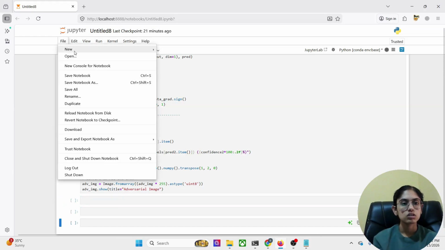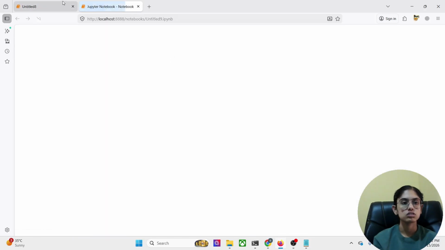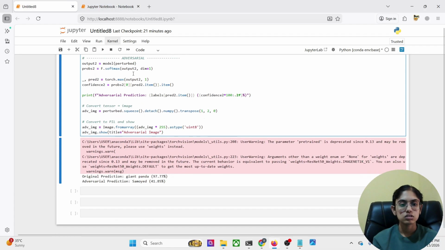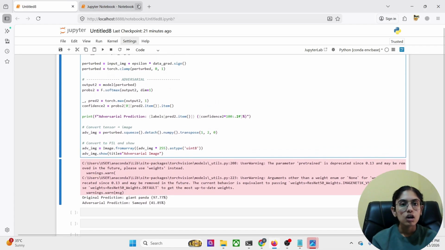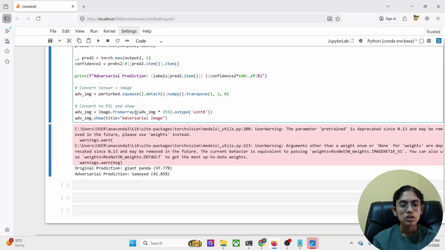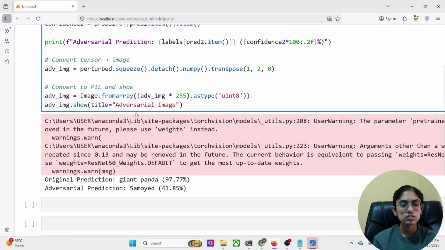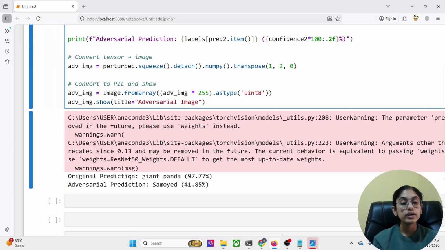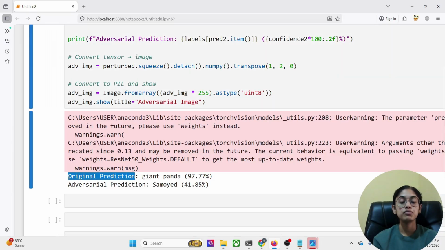Okay, why is it not running? So I will try again. Yeah, yes, it is running. Okay. So here, this is the result. The original prediction before the FGSM was giant panda.